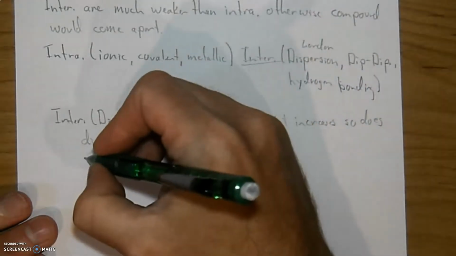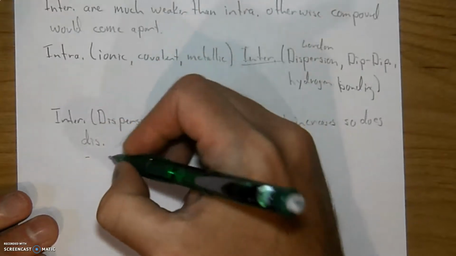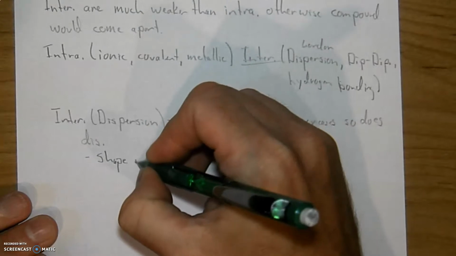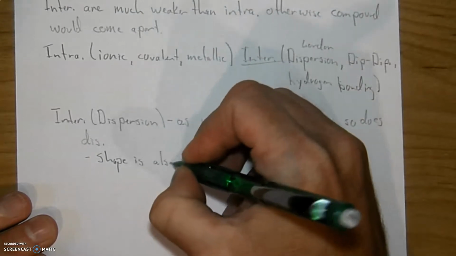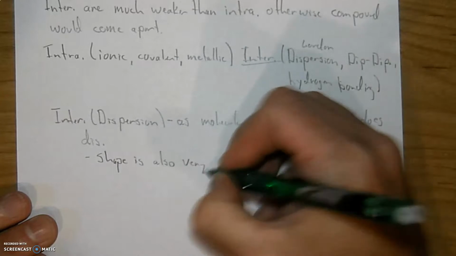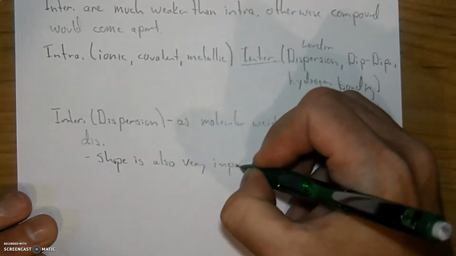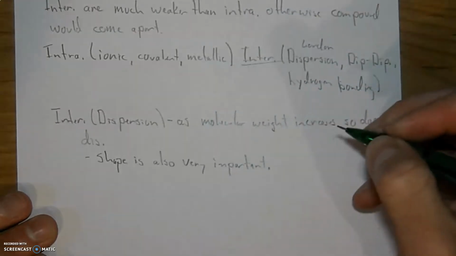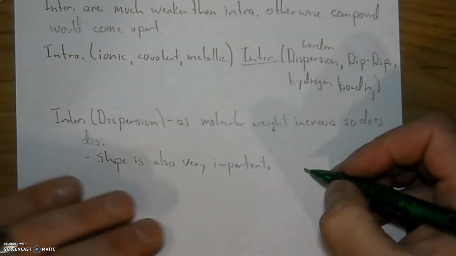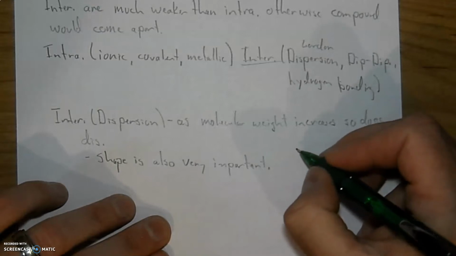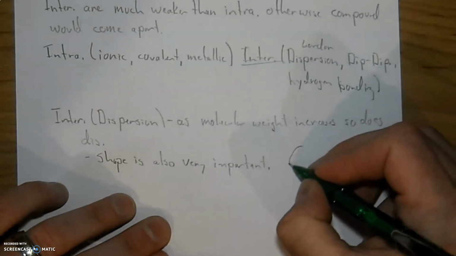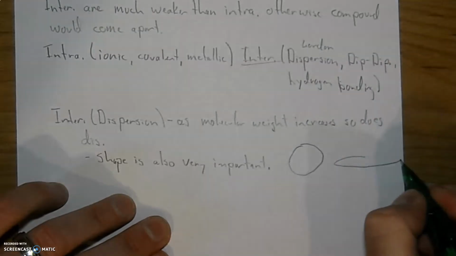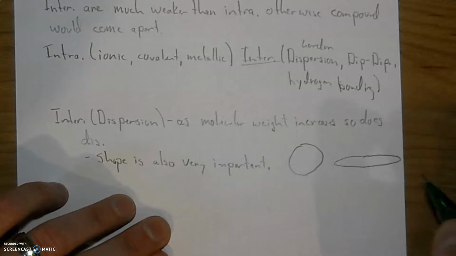Something else that goes along with this conversation is the shape. It's also really important. If something is spherical, which would have more dispersion, something shaped like this, or something that has the exact same molar mass but is shaped like this, just squished down?